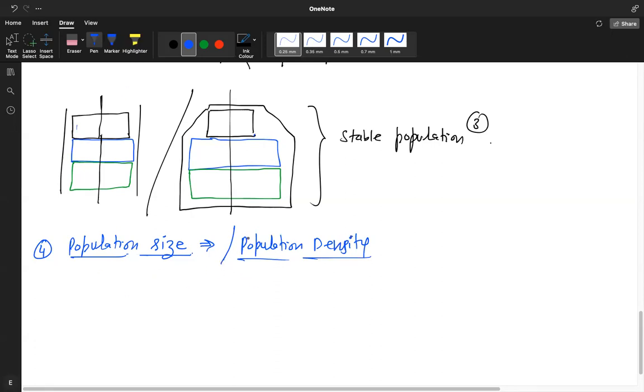So you call it population size or population density, it means the same thing, and we designate it as N. N means the number of organisms. Mostly we use a number, but it can also be a decimal or a ratio, or a factor, but mostly it's the number per unit area.